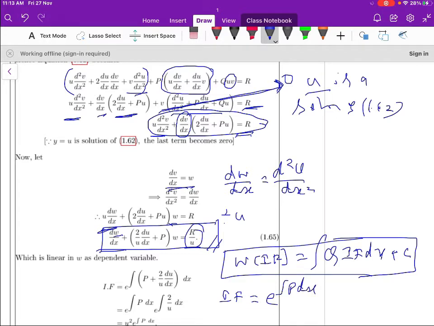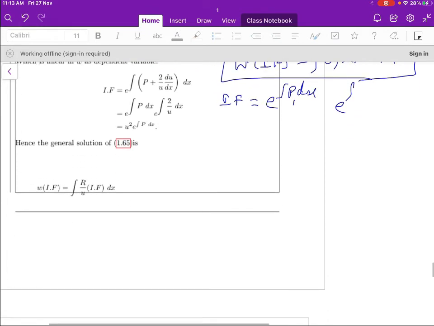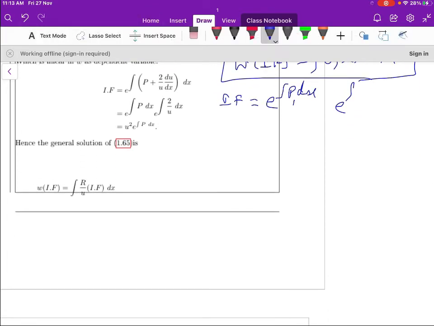Here P, or you can take it as p1, since p I have already taken here, so that is e to the power of integral of p1 dx, where p1 is 2 by u into du by dx plus p. So easily you can find IF with known p1.